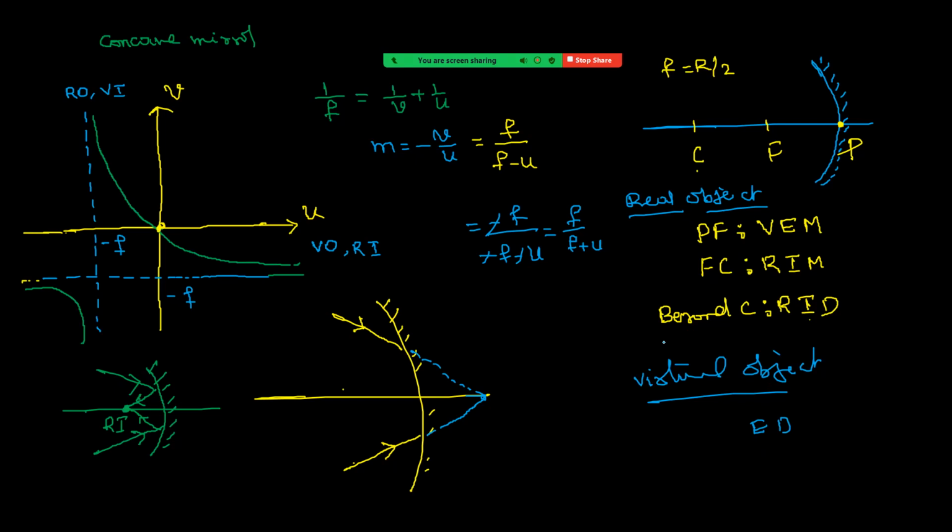Total value positive, so minus v by u is positive. In that, u is now positive. Then v must be negative, because negative of negative becomes positive. V negative means real. It is real, erect, and diminished. Okay, that is about the concave mirror. Means from the graph we can say the entire nature of the image, right?